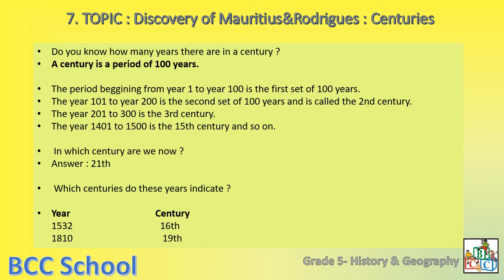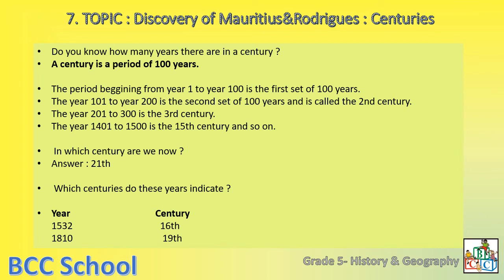The year 201 to 300 is the third century. The year 1401 to 1500 is the 15th century, and so on.